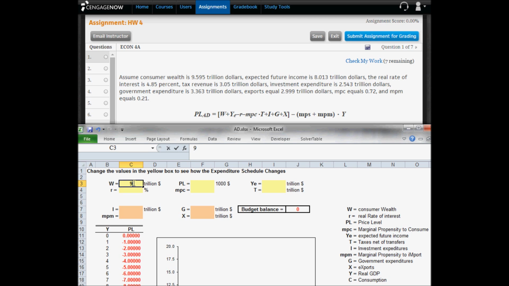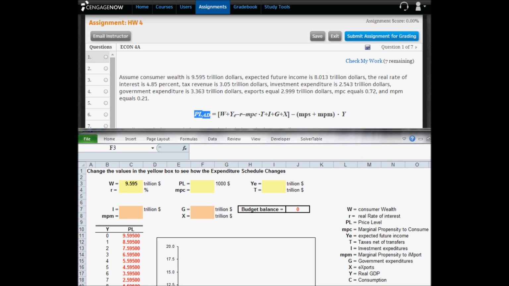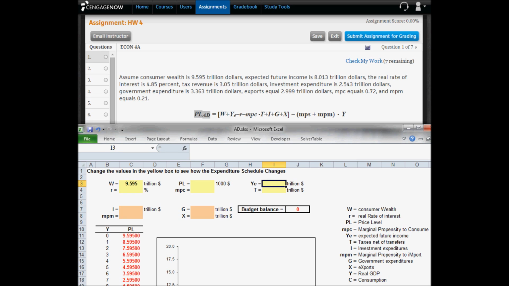Consumer wealth is $9.595 trillion. The price level is not inserted because the price level is on the left-hand side of the equation. Expected future income is $8.013 trillion. The real rate of interest is 4.85. The marginal propensity to consume is 0.72.